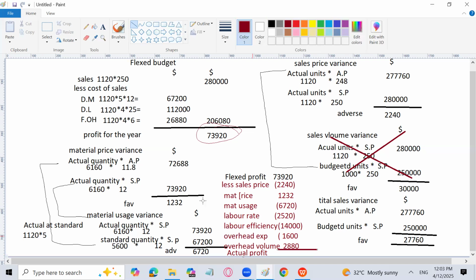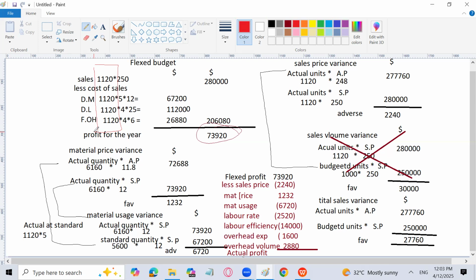If you just see the flex budget, you will find out that we are using all actual units. In flex budget, we are using actual units. And if you prepare the actual budget, you will use actual units. So in the actual profit statement and in the flex profit statement, there is no difference between the units.